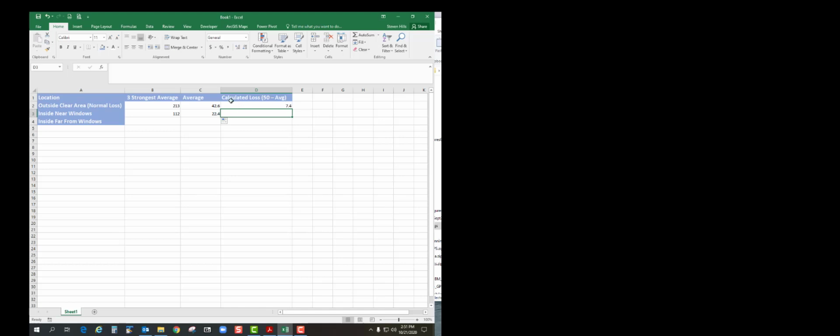And then my calculated loss near the windows is going to be 50 minus our average, minus our normal loss, which was this value here, which was 7.4. So our loss there is going to be a further 20.2.